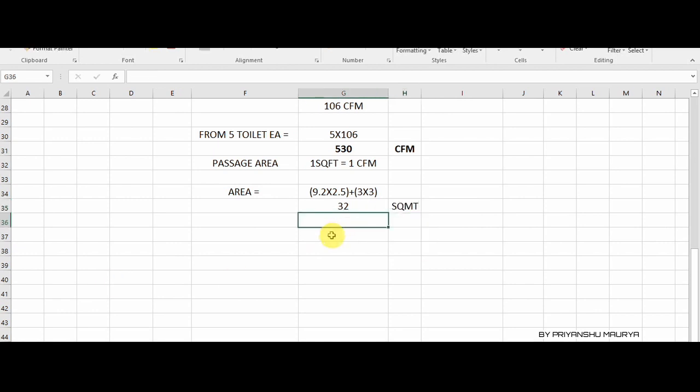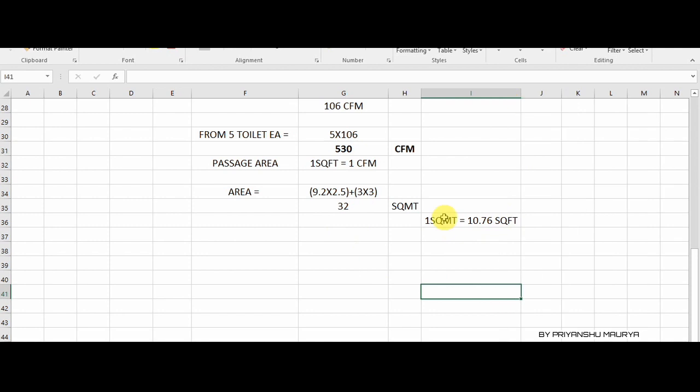So we will convert into square feet. We know one square meter is equal to 10.76 square feet. So let's convert it into square feet: this one multiplied by 10.76.